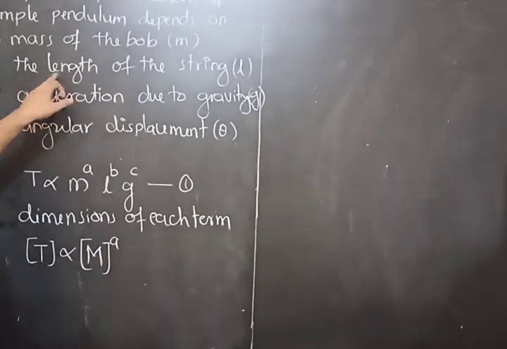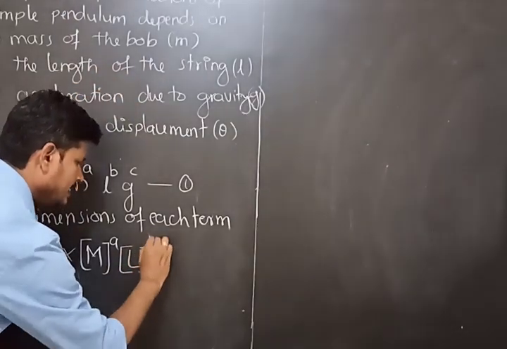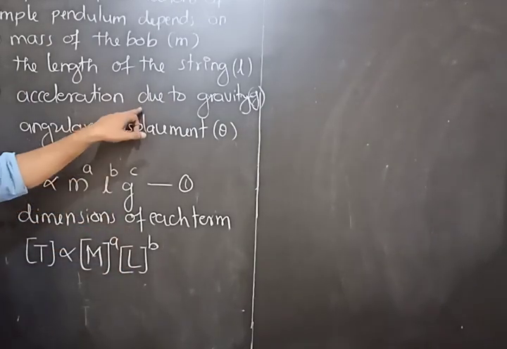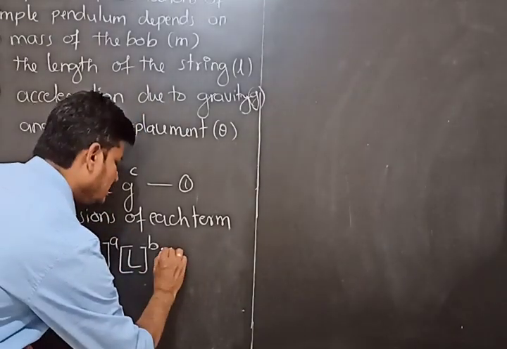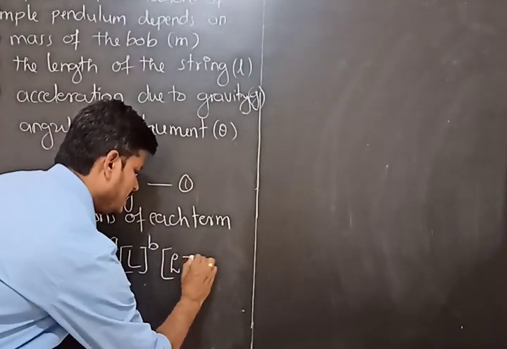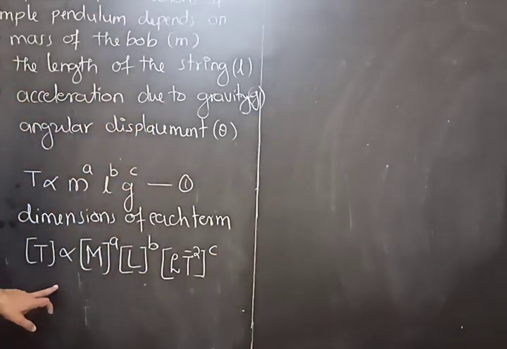Next, length L raised to b. Next, g, acceleration due to gravity. The dimensions of acceleration due to gravity are L T raised to -2, whole raised to c.